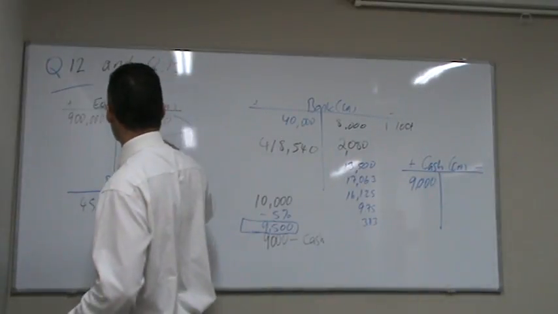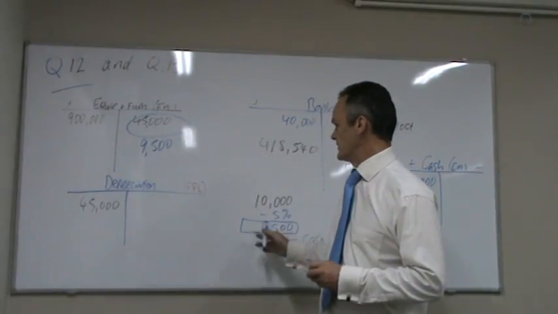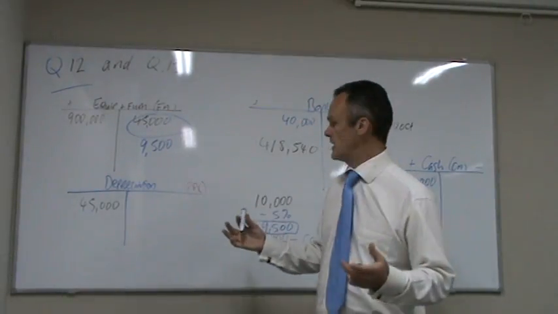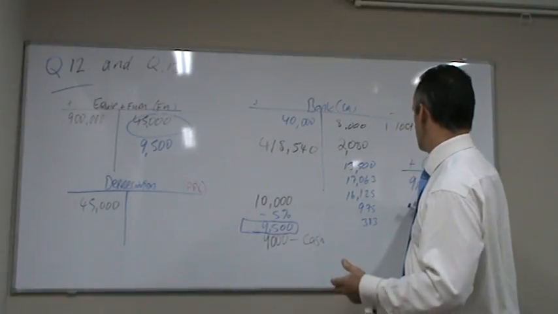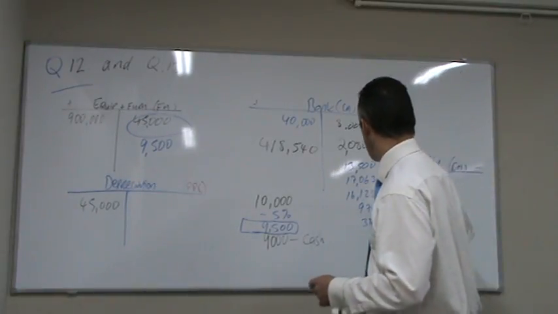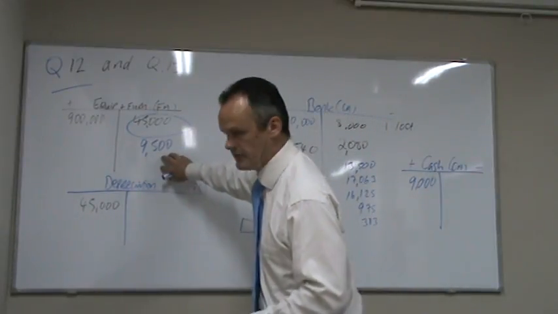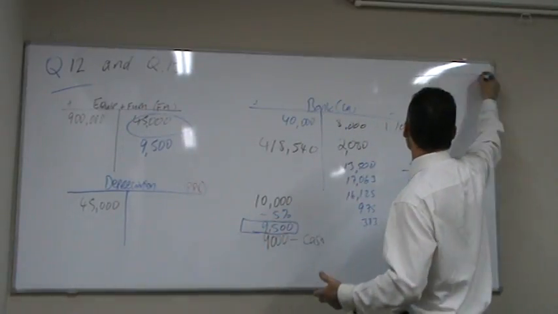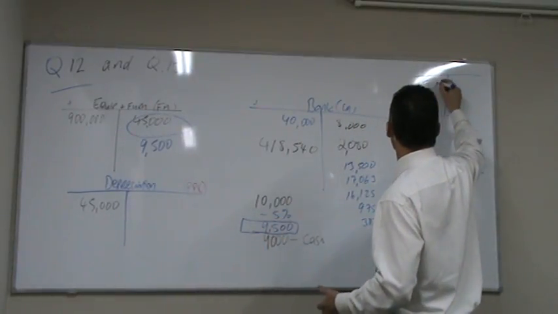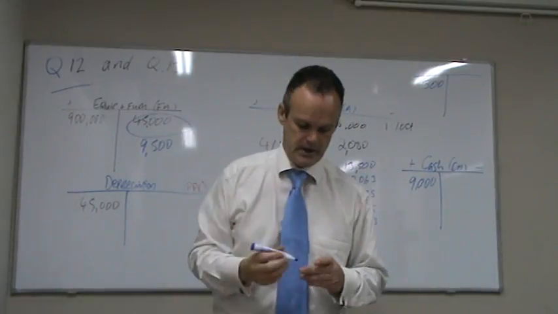So we just get rid of it from our books. So there you go, it's gone. The 9,500 asset is gone. But now we have the difference here. On the debit side, we have 9,000, and on the credit side, we have 9,500. So this is where we know absolutely we need to put 500 somewhere. But the question is, where?